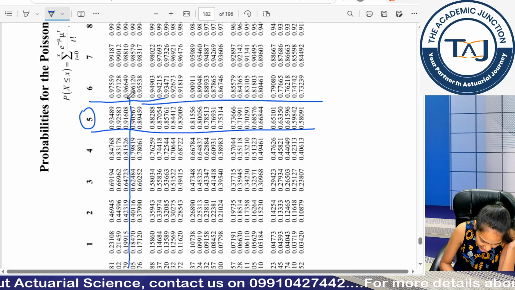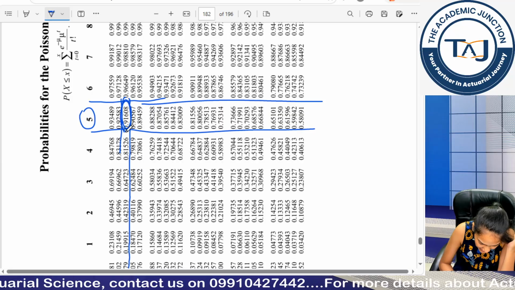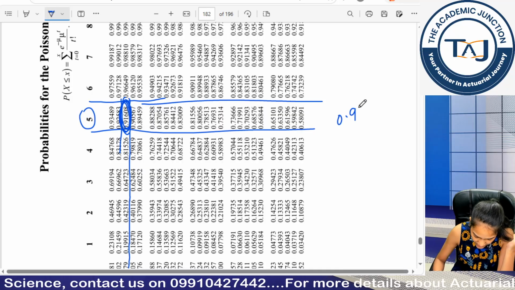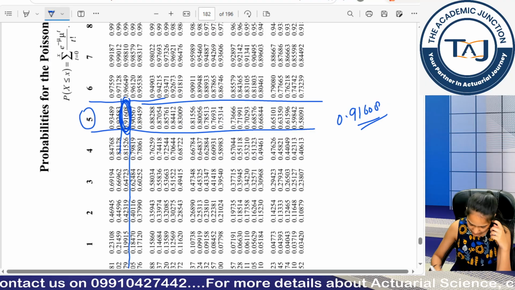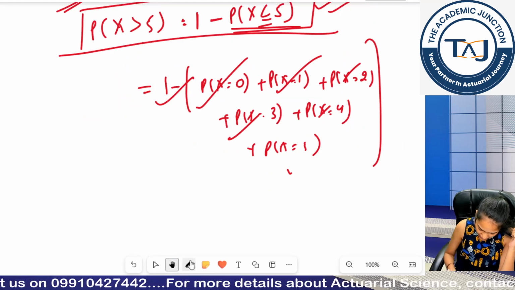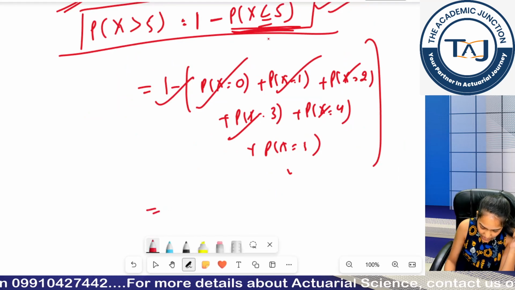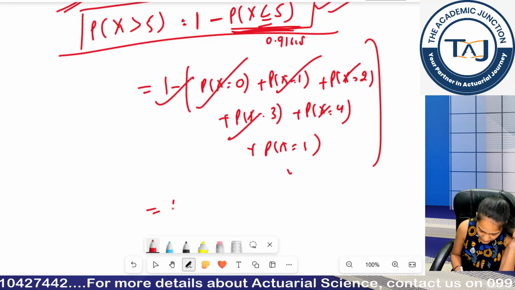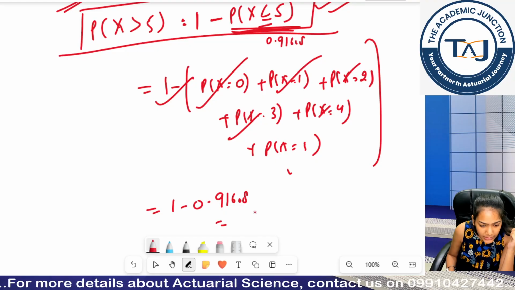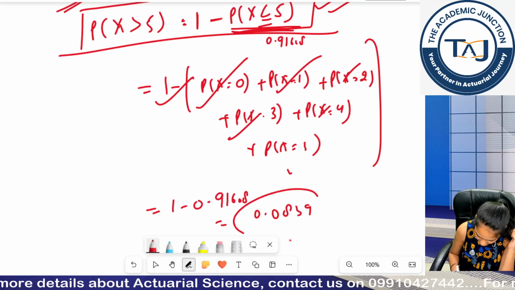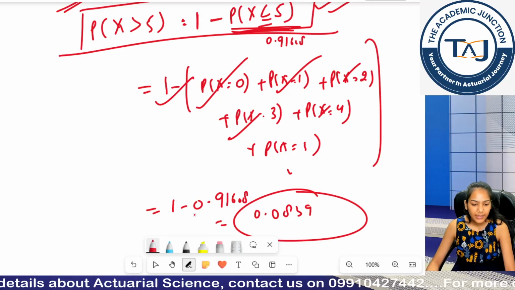The intersection of the row and the column gives me this value. I am getting the value as 0.91608. Clear? So now I put in my values: 1 minus 0.91608, I get the value as 0.0839. Clear?